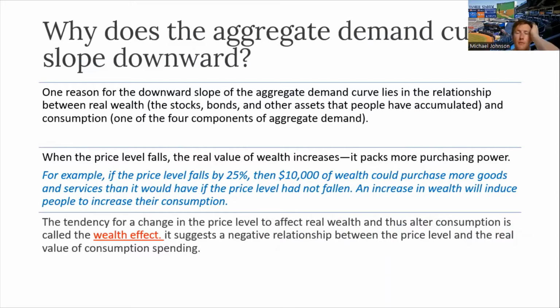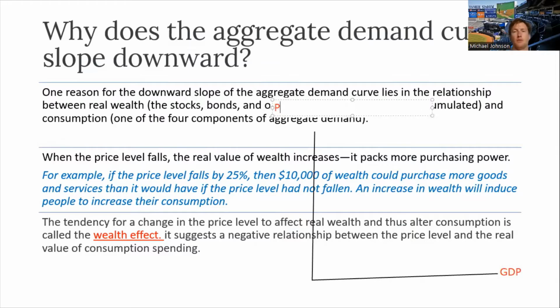So there's more purchasing power. If the price level falls by 25%, then $10,000 of wealth could purchase more goods and services than it would have if the price level had not fallen. That's why it's downward sloping: if prices go down, you can buy more goods.